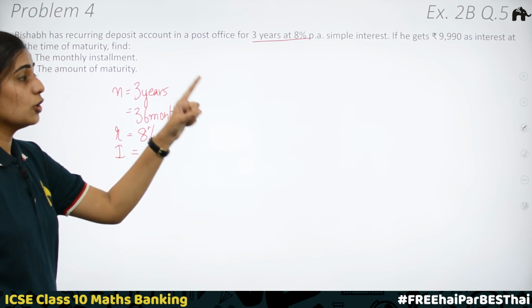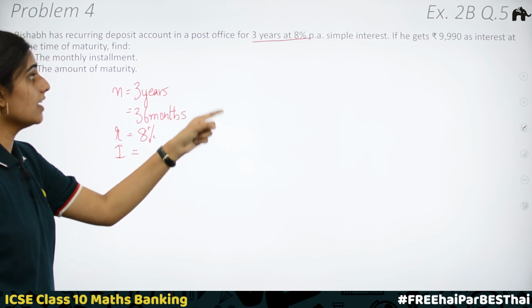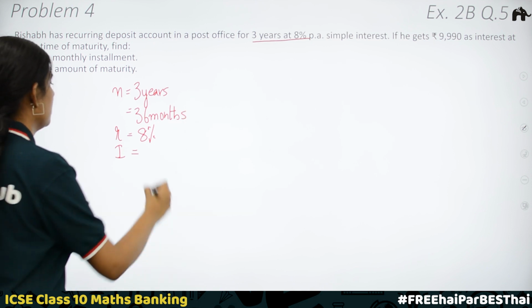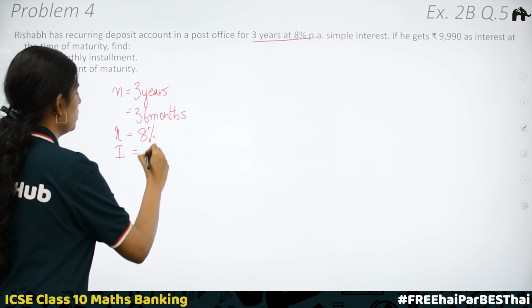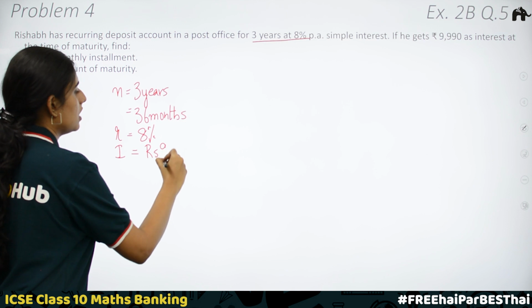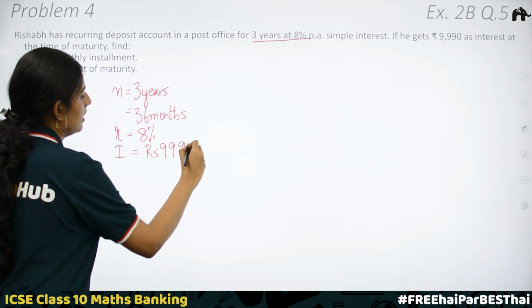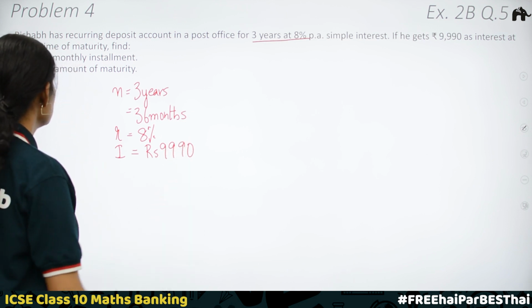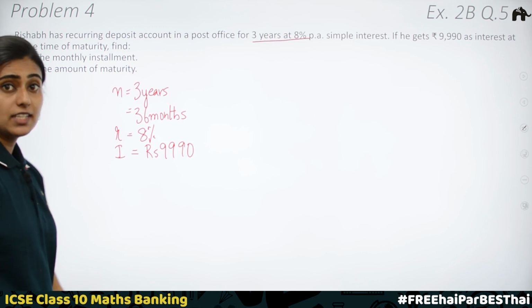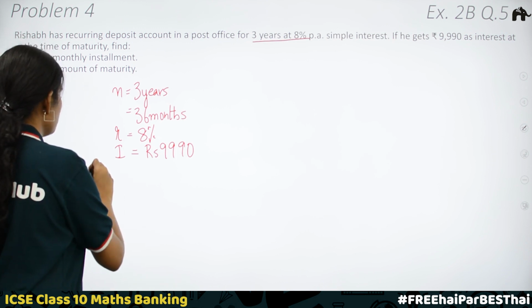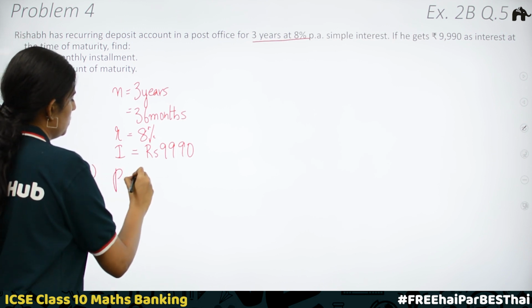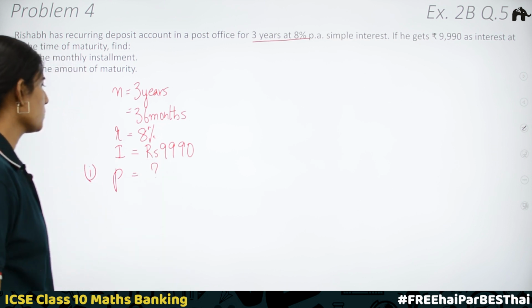If he gets rupees 9,990 as interest, interest is equal to rupees 9,990. Our first question is to find the monthly installment. Monthly installment means P. P is equal to question mark.